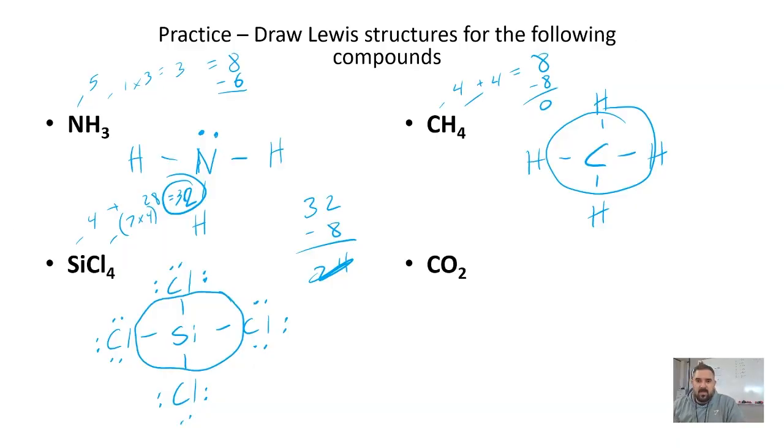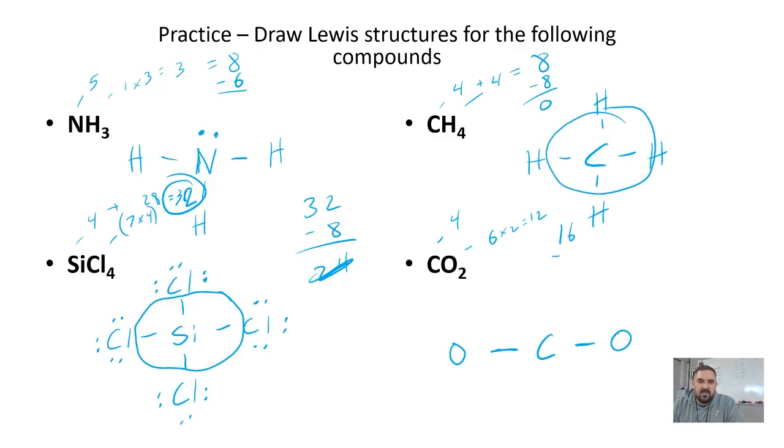All right, so next up we have CO2. So carbon has a total of 4 electrons. Oxygen has 6 times 2. That's 12 plus 4, so a total of 16 electrons. Our central atom is going to be carbon, and we're going to put our 2 oxygens on the outside, and then single bonds from the oxygens to the carbon.